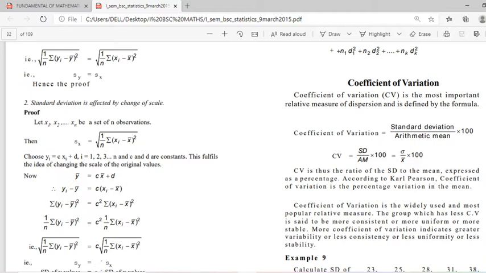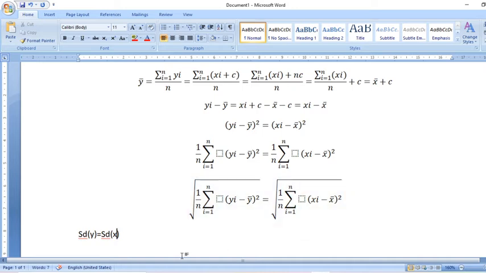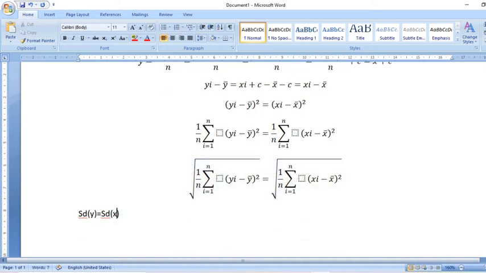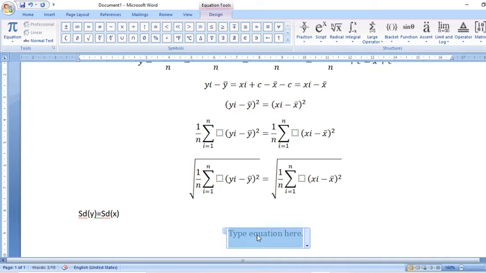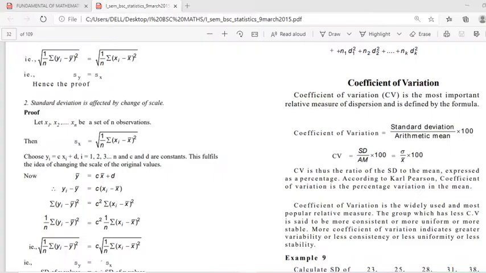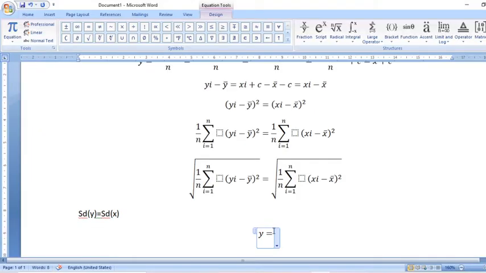So the next property is, we shall consider the change of origin and scale. Y equal to c xi plus t.